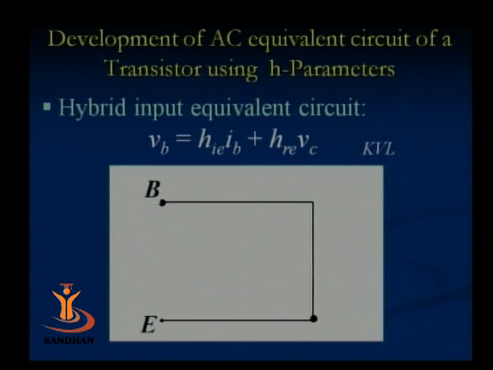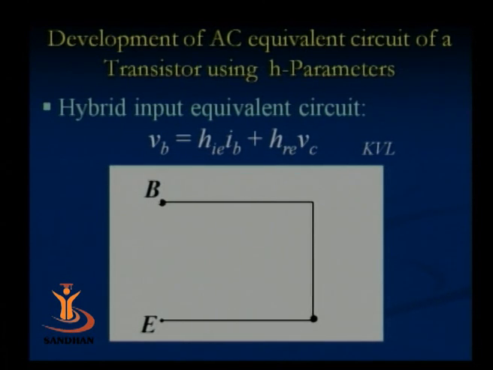We have two equations relating H parameters in common emitter mode, and I have shown here VB equals HIE IB plus HRE VC. If you look at this equation carefully, the base voltage is a summation of two terms, HIE IB plus HRE VC.